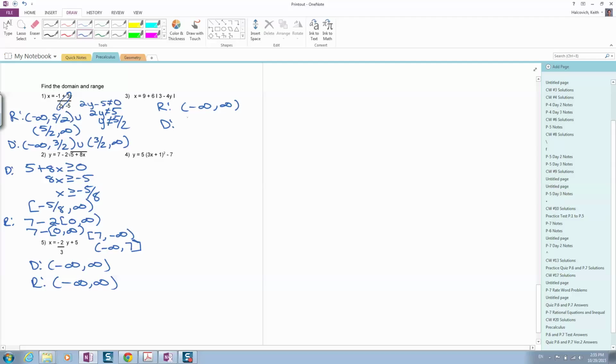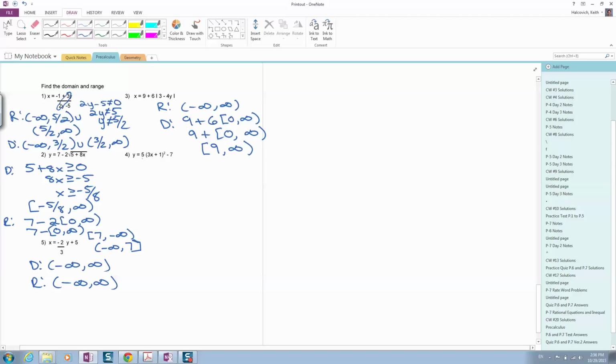And the domain, we're going to put the greater than or equal to 0 in for the absolute value. So 6 times 0 is 0. 6 times infinity is infinity. And then when you add 9, it's going to go greater than or equal to 9 for the domain.